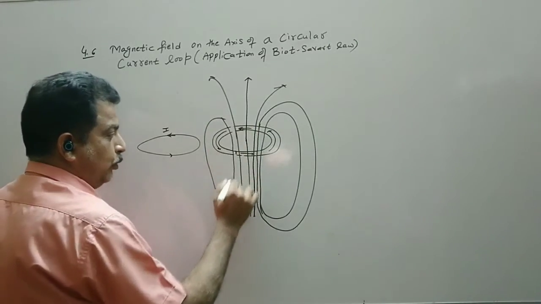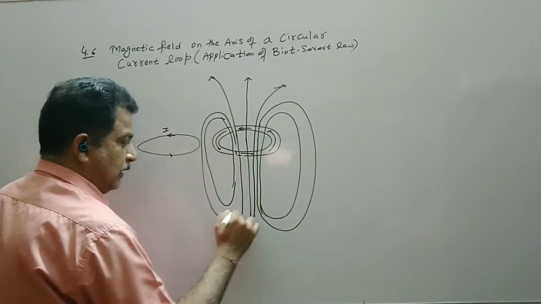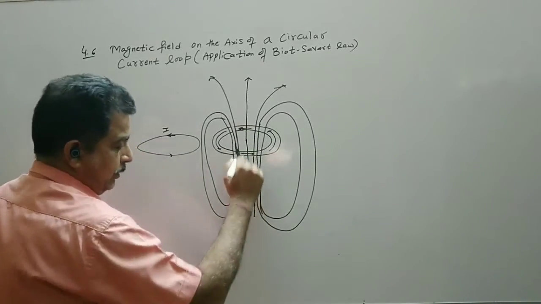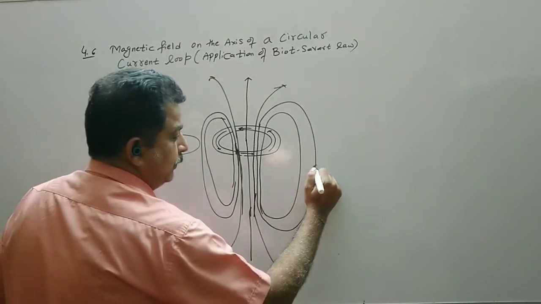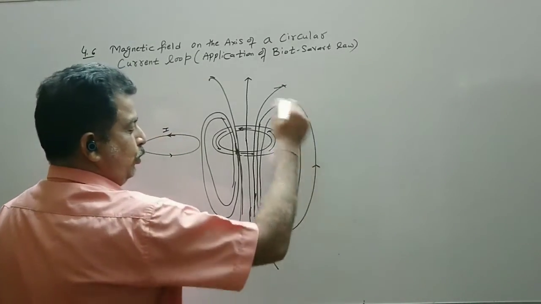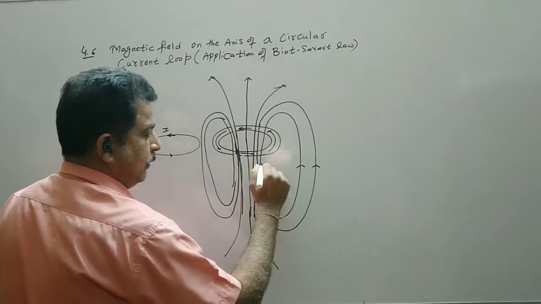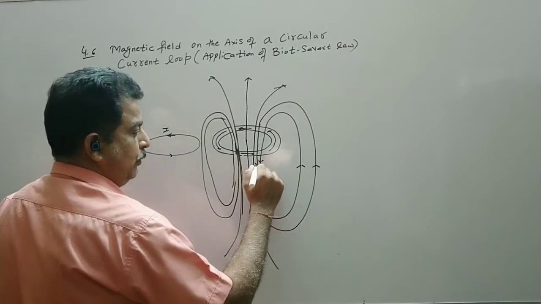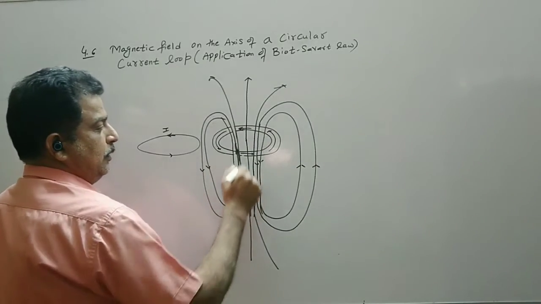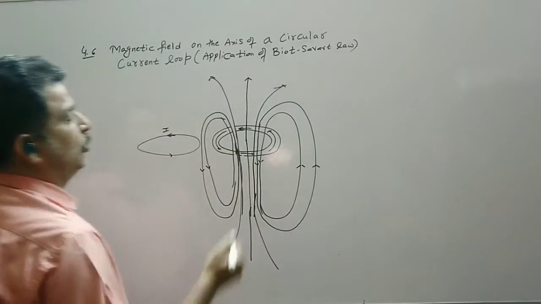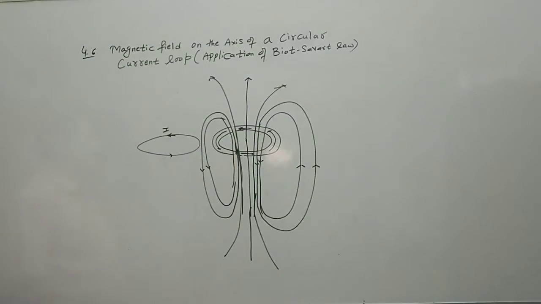So this is how the magnetic field of a ring is formed. So we know it is similar to the bar magnet. So this is how the magnetic field intensity is formed.